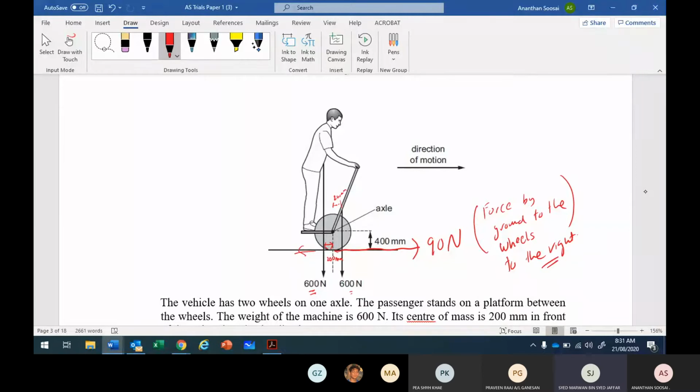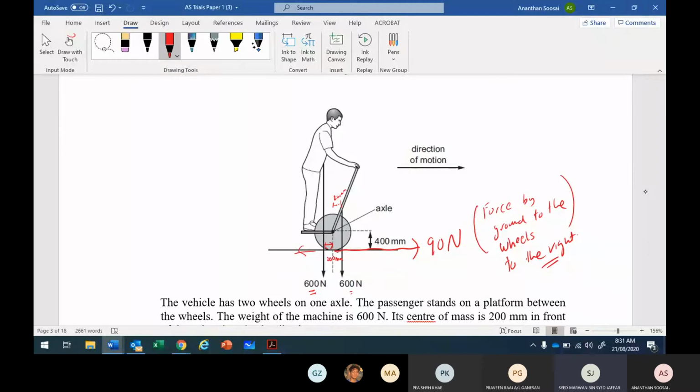So when this 90 Newton is applied, it is going to give a turning effect to this wheel.